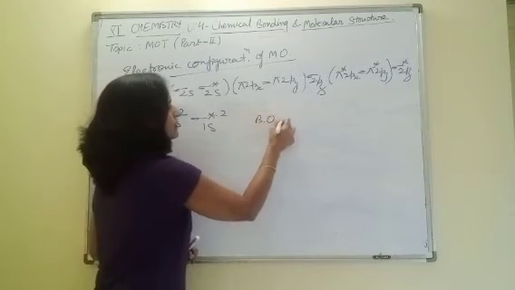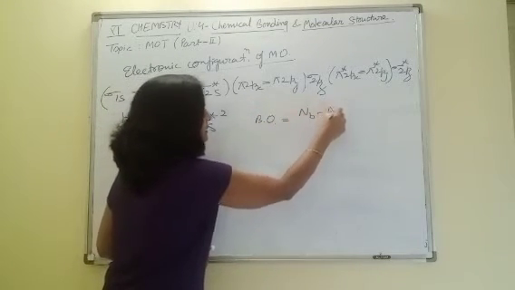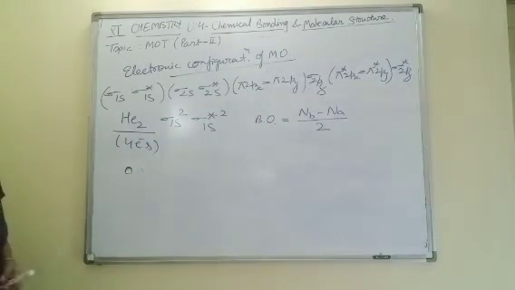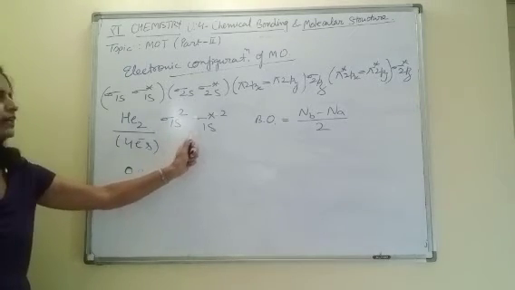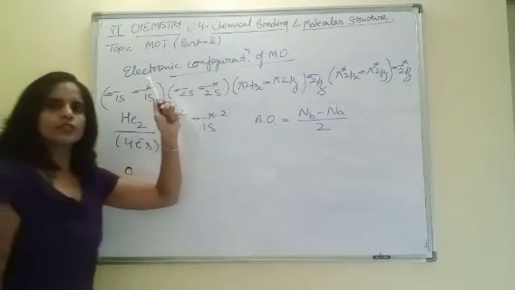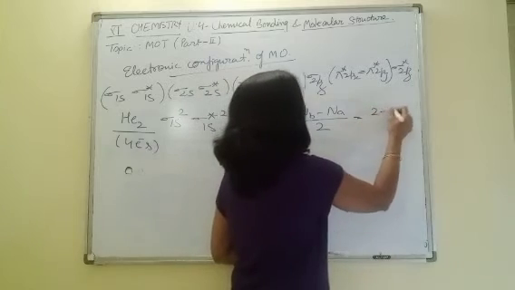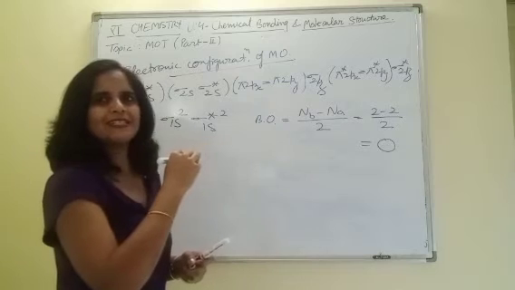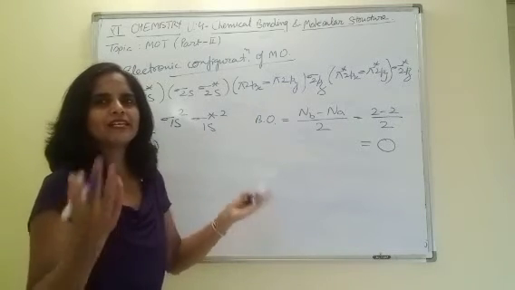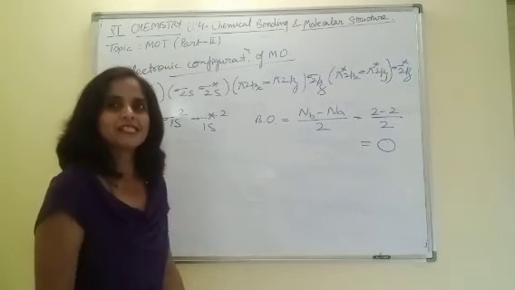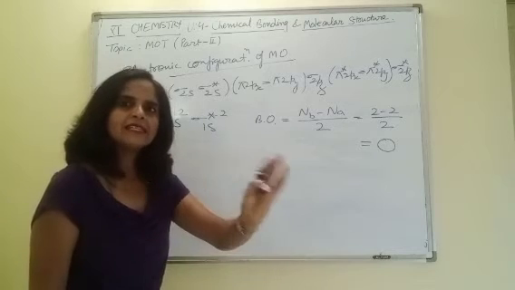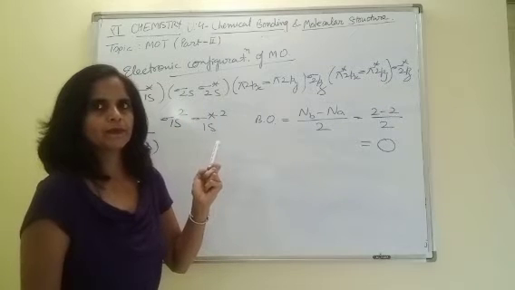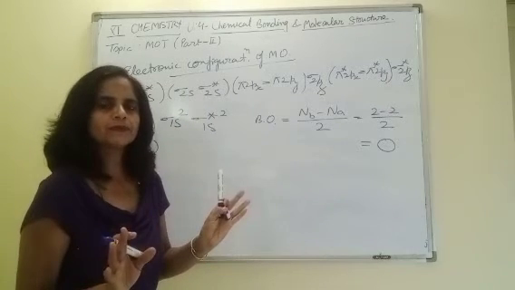Bond order is the number of bonding electrons minus anti-bonding electrons, divided by 2. How many bonding electrons? 2. Anti-bonding also 2. So its bond order is 2 minus 2 divided by 2. The answer comes 0. 0 means this molecule does not exist. So it is easy to tell now which case is going to exist and which one is not. No confusion, I think so.